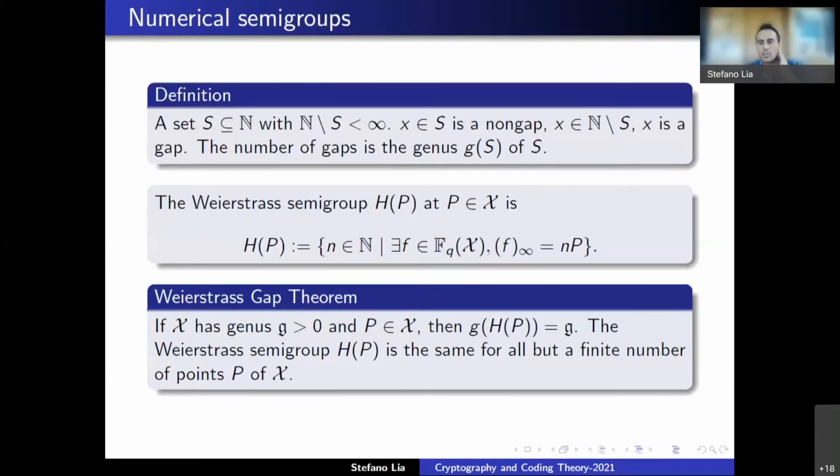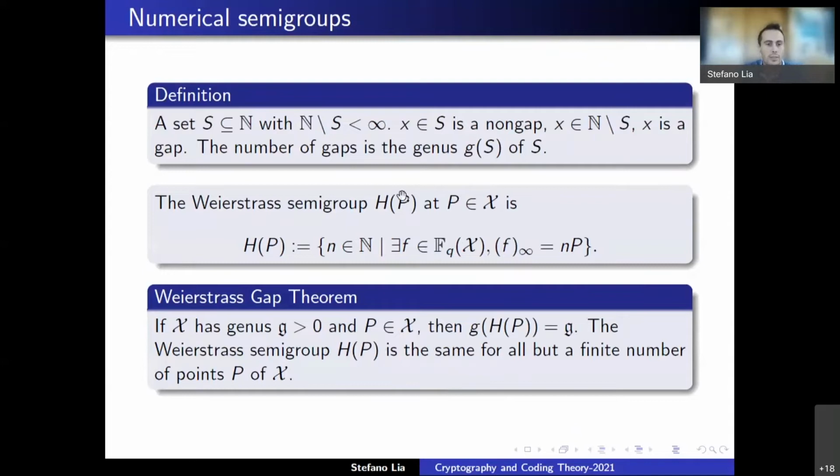Another tool which is fundamental when dealing with one-point AG codes is the Weierstrass semigroup at some point P, because the knowledge of the Weierstrass semigroup can lead to an improvement on the Goppa bound on the minimum distance.